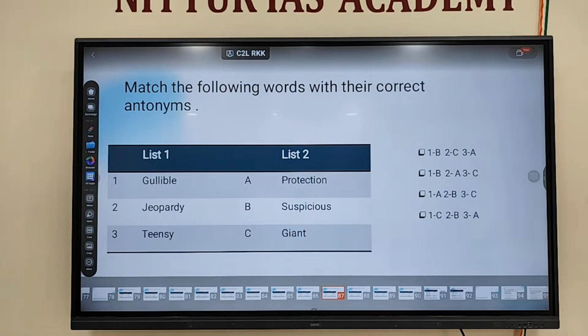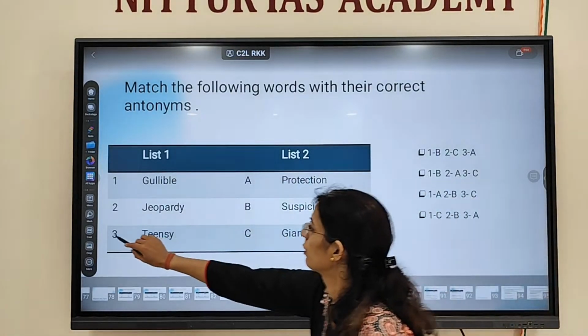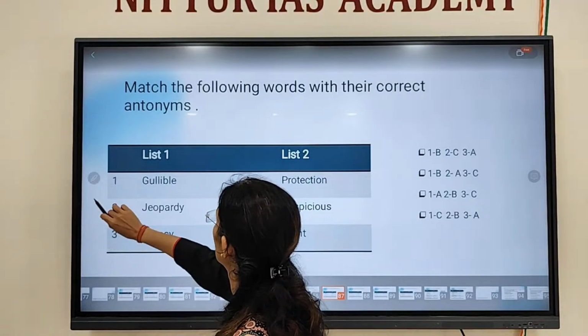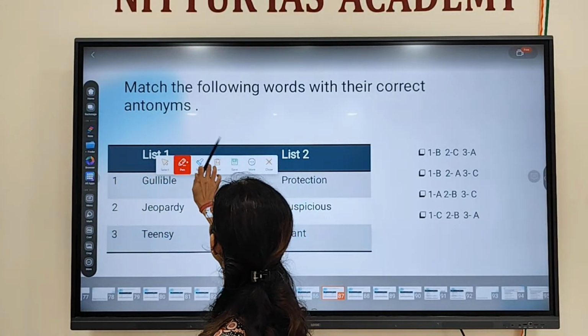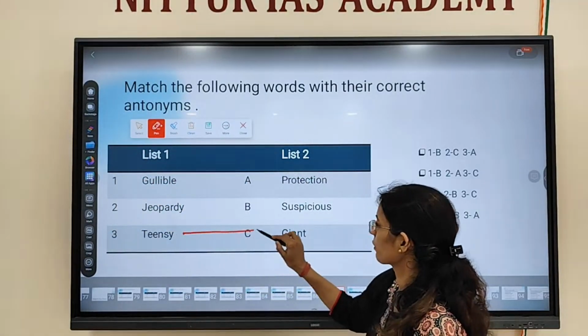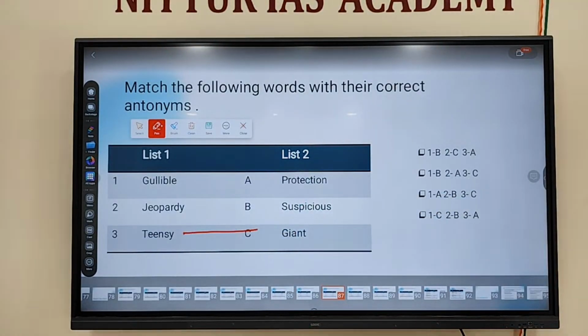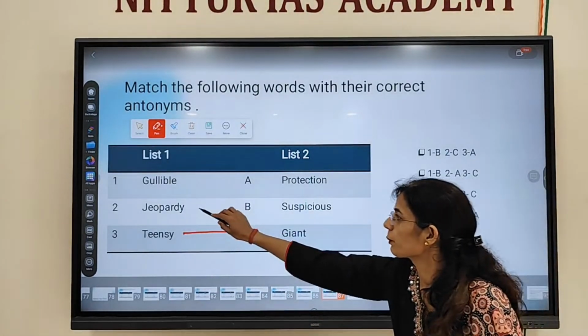Quick, and tell me. It's dangerous, loss, not fail. Okay, so the opposite would be protection. Okay. Tensy means tiny, so the giant will be the answer. For jeopardy, it will be protection.